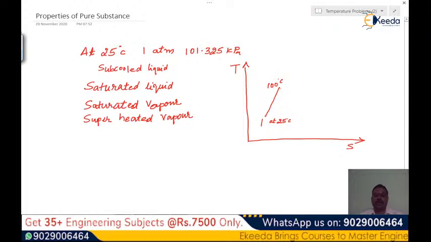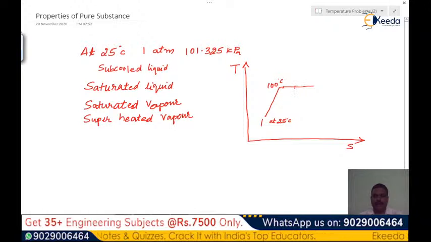This is called as saturated liquid state. At this point, it starts changing its phase from liquid to vapor. So at this point, there will be more quantity of water in the liquid state and less quantity of vapor state.